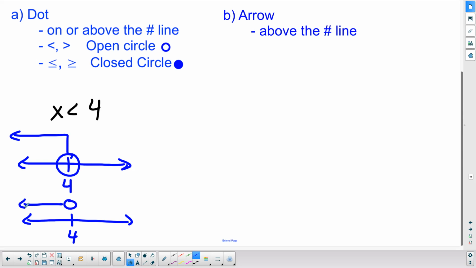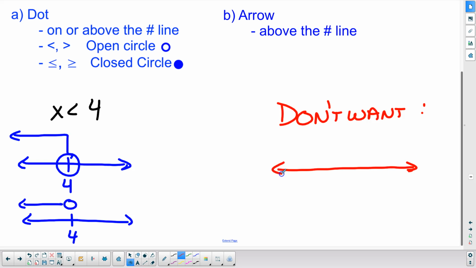And if this were equal to, then I would just have 2 filled in circles there. What I don't want is that.